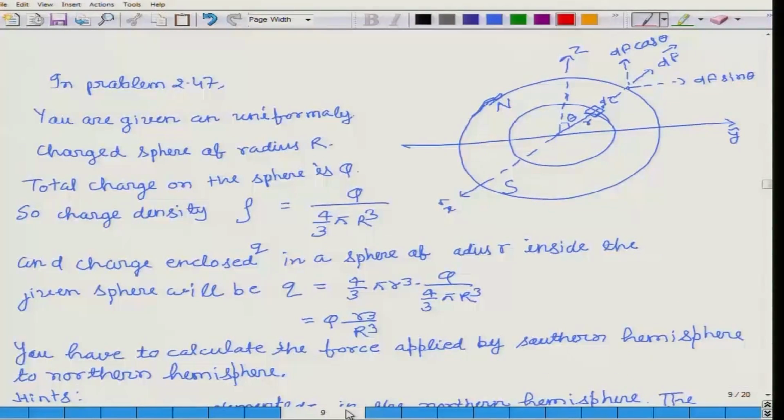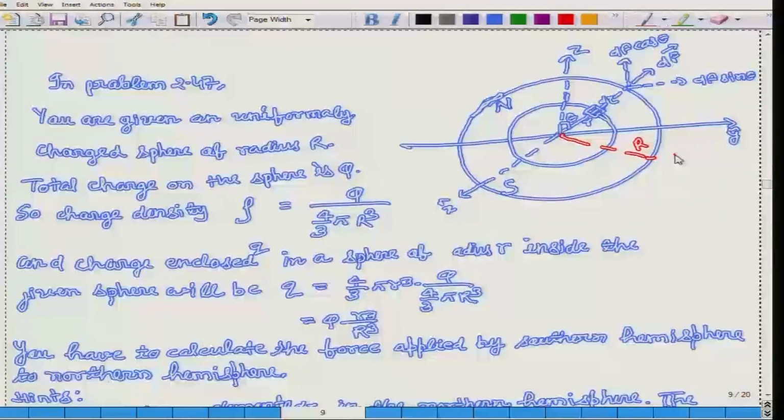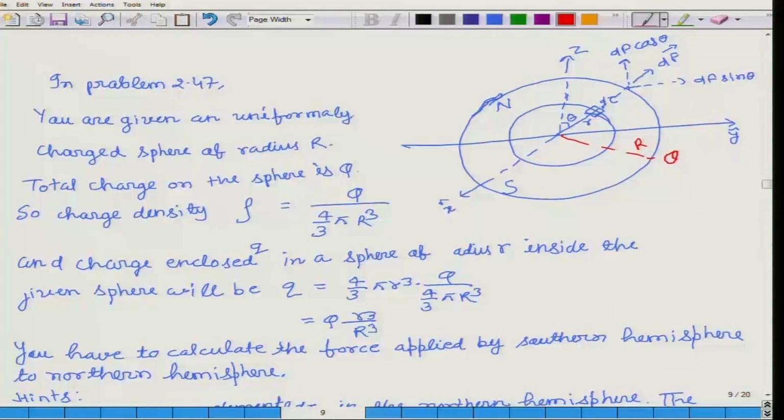And in problem number 2.47, you are given a uniformly charged sphere of radius R. So, this is your charged sphere of radius R. Total charge on this sphere is capital Q, so the charge density, which is uniform, rho will be given by Q over 4 by 3 pi R cube.